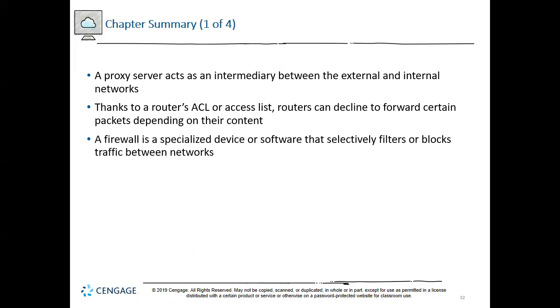The idea of a firewall: a firewall could be a physical device that would be separating us from our proxy server, because we put our proxy server in a place that we call a DMZ, a demilitarized zone.